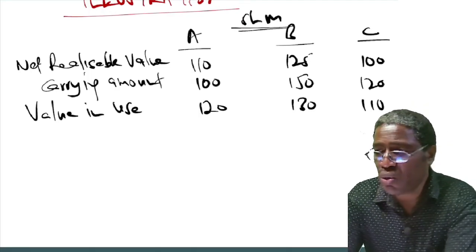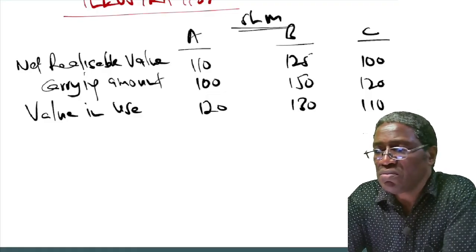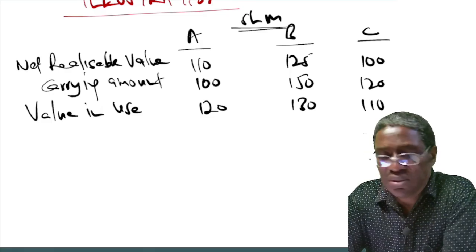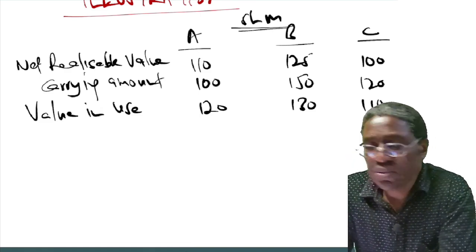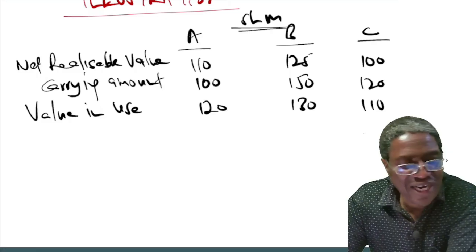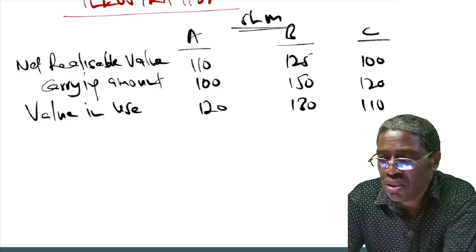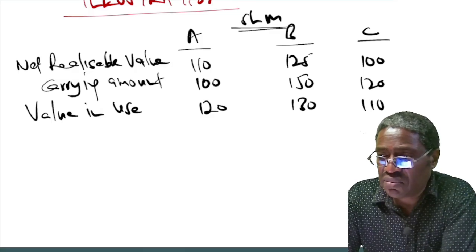Then utaandika required. Required, number 1, calculate the recoverable amount of each asset.